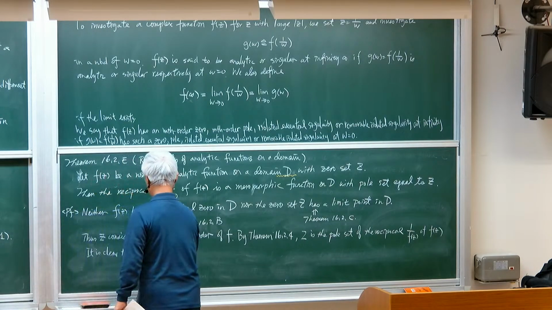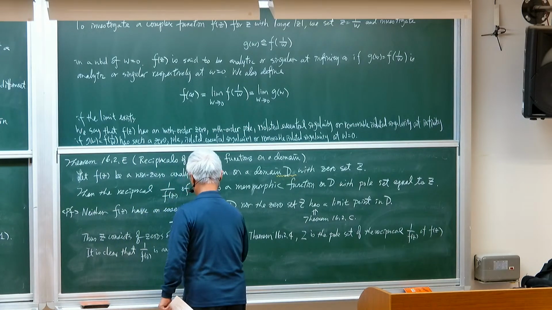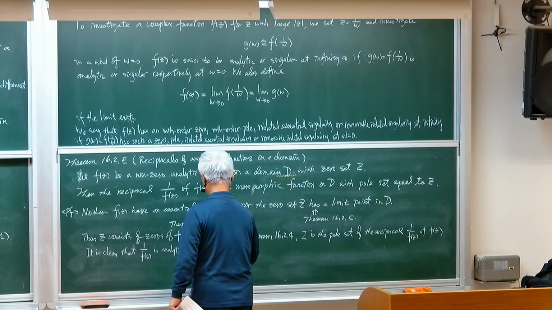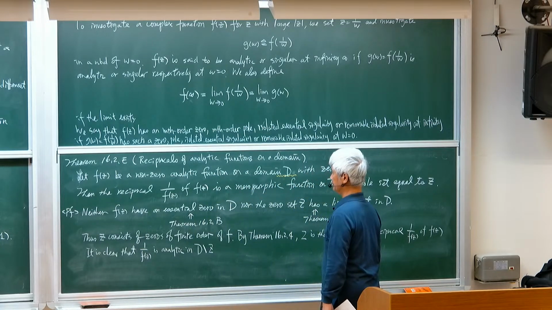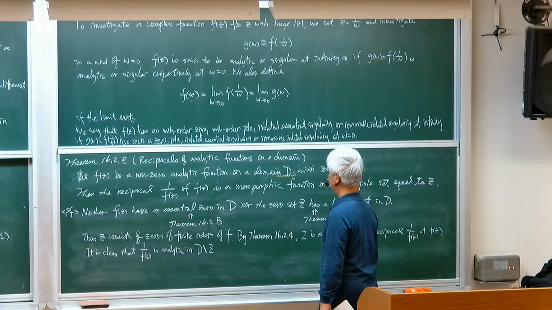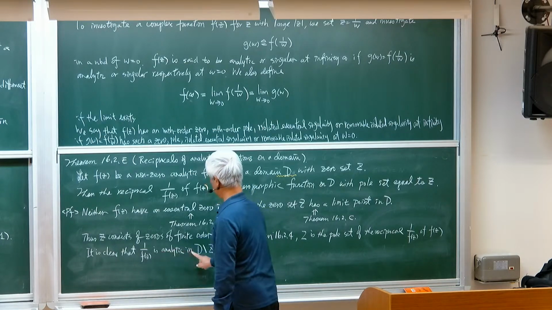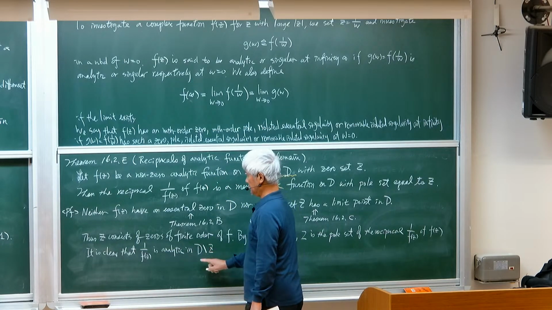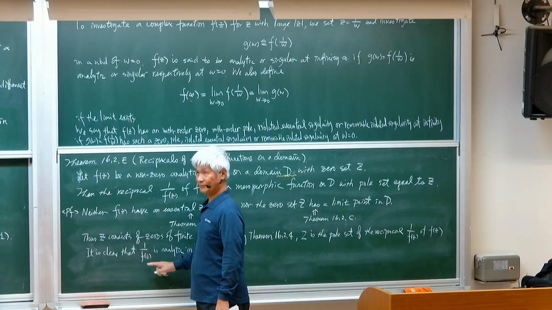So it is clear that 1 over f(z) is analytic in D minus Z, because for every point z in D minus Z, f(z) is non-zero, so 1 over f(z) is well defined.